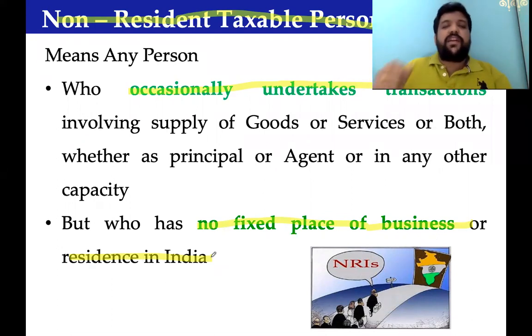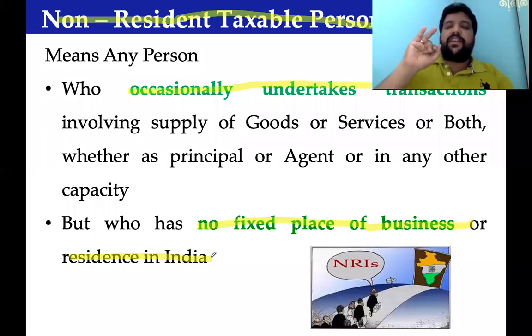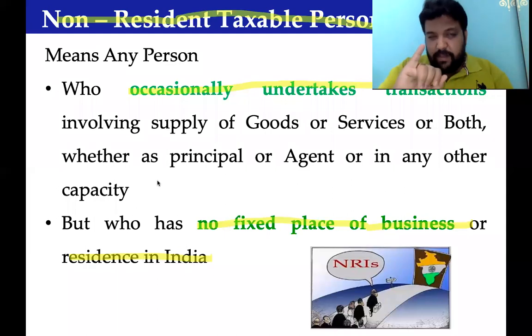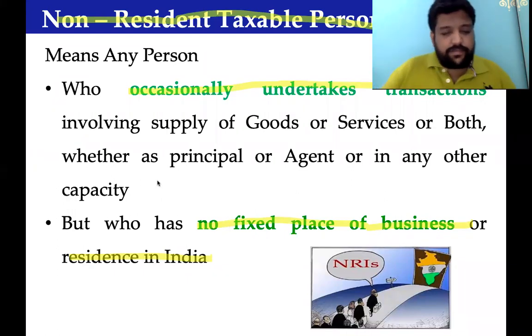If he occasionally undertakes transactions, he would be treated as a non-resident taxable person because he is coming from a place outside India and does not have a residence in India. So we should be in a position to decide whether a person is a taxable person, casual taxable person, or non-resident taxable person. I'll give you a situation, you decide.